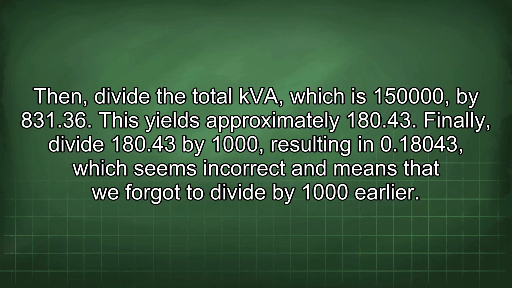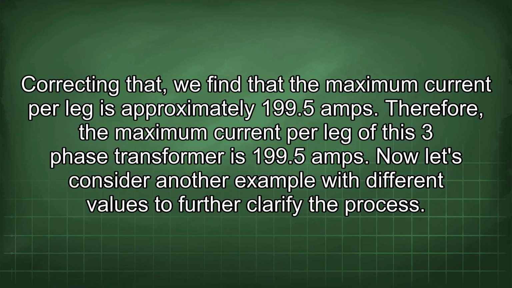Finally, divide 180.43 by 1000, resulting in 0.18043, which seems incorrect and means that we forgot to divide by 1000 earlier. Correcting that, we find that the maximum current per leg is approximately 199.5 amps. Therefore, the maximum current per leg of this three-phase transformer is 199.5 amps.